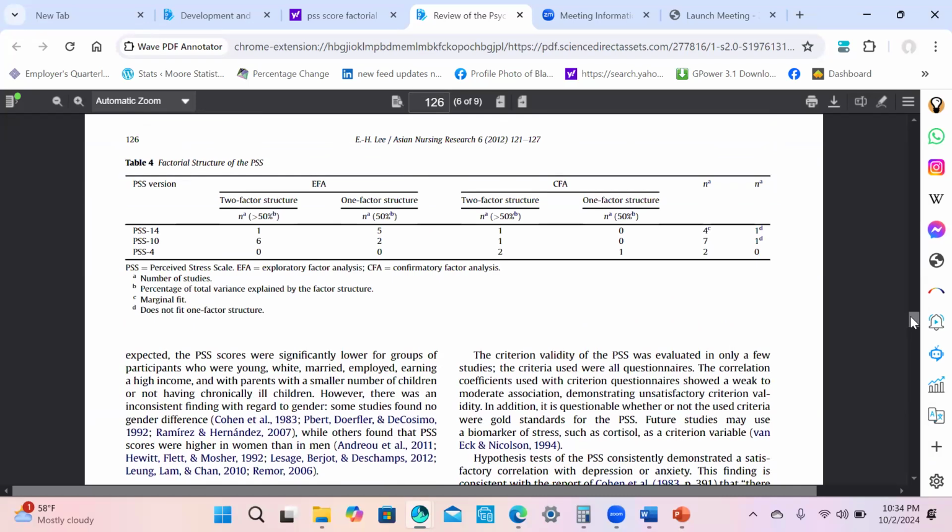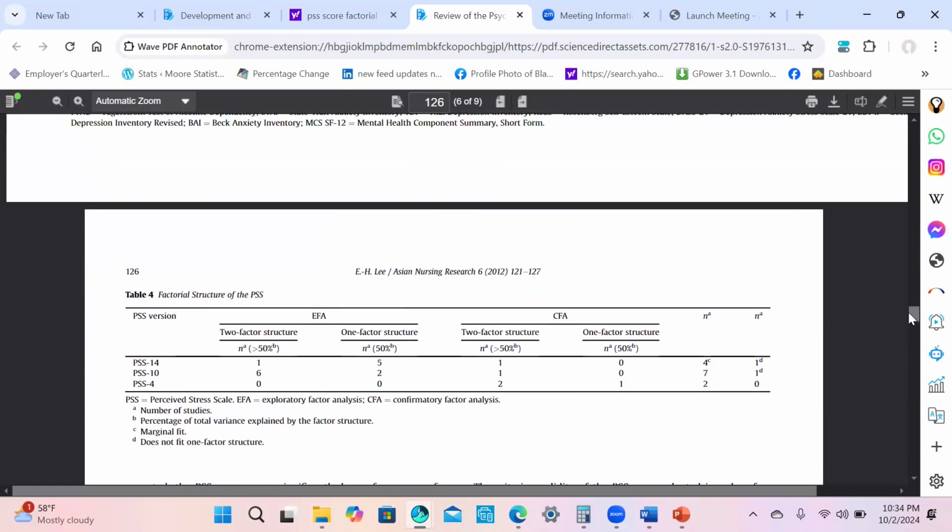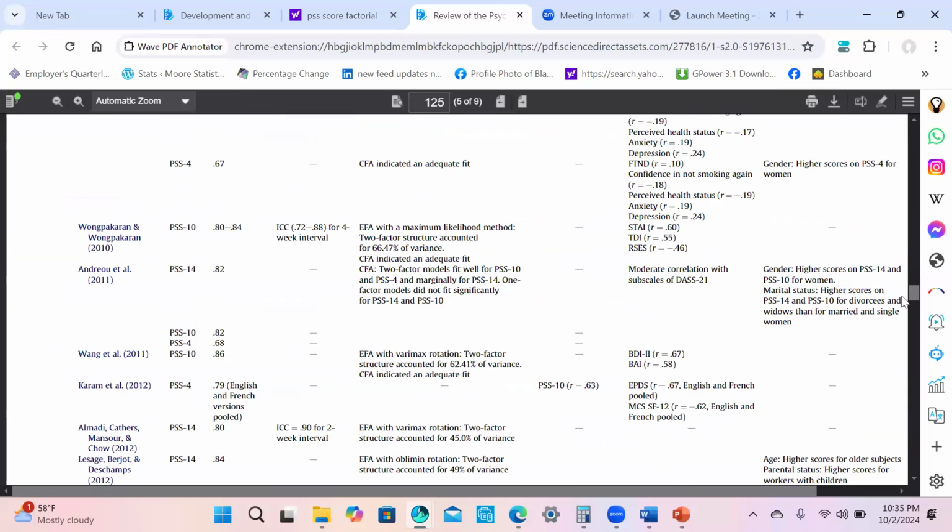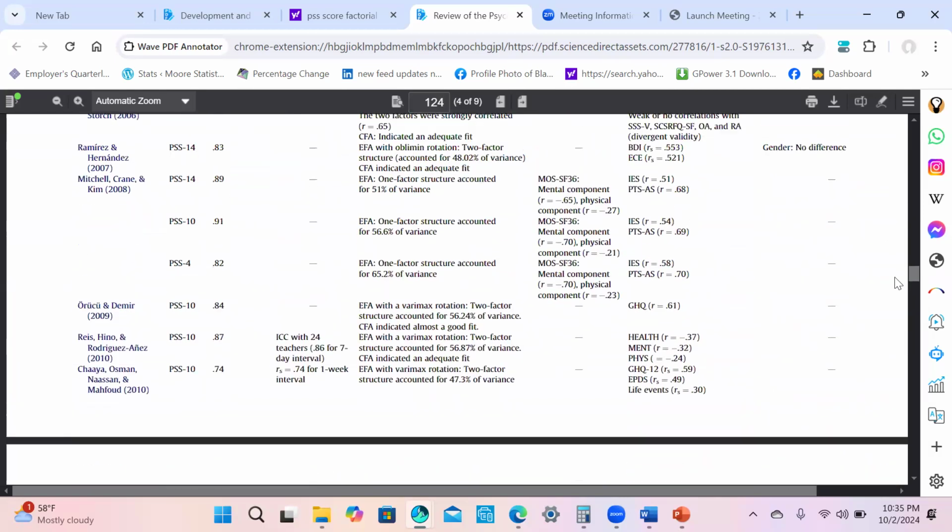Let me see if I remember. You add them together, then you divide by the number of items, and then you multiply times 10. I think that's one version of the PSS score, how you score it. And I think the range is from 0 to 100 or something like that, or 0 to 40.